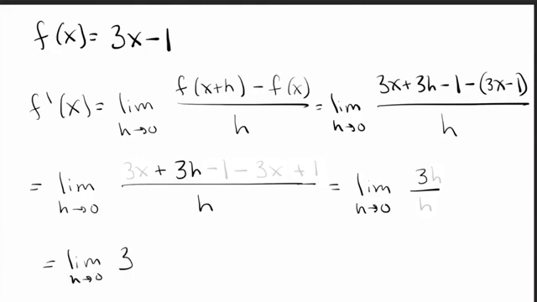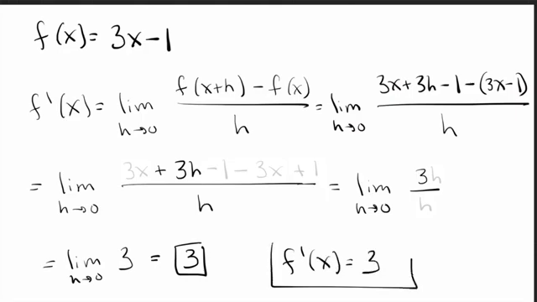This should look very familiar to the ones I did on the last problem. We want to change h to be 0. Well, there's no h there to change, so it just stays 3. To wrap it all up, the derivative of 3x minus 1 is 3. We computed the second one.